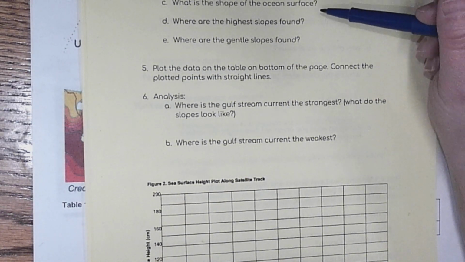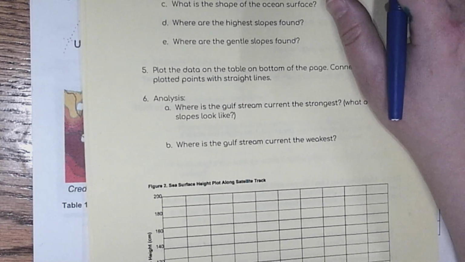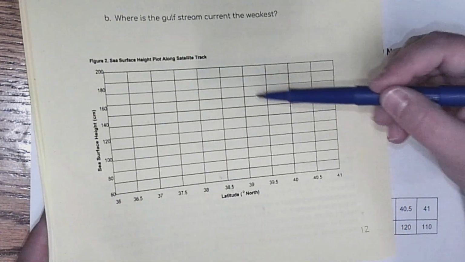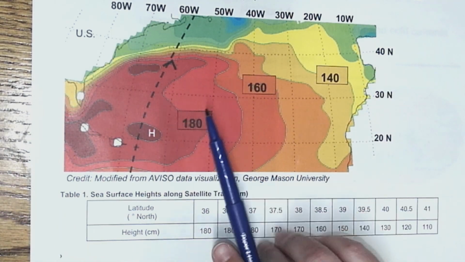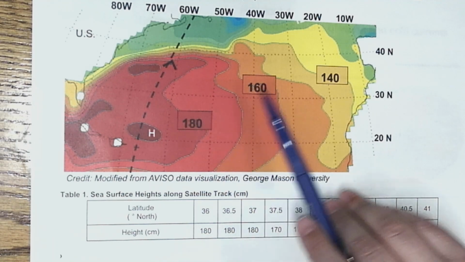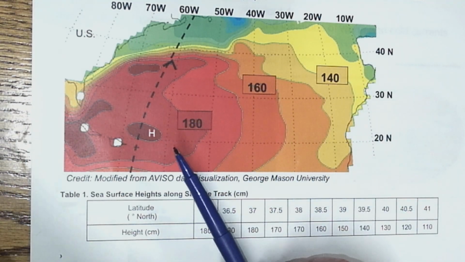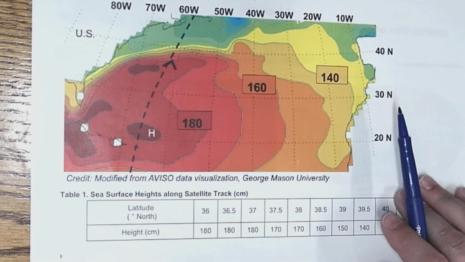What is the shape of the ocean surface? And this one will become more obvious once you do this graphing part, but you can kind of tell just by like looking at this. Like this is a very gradual slope, so very gradual hills and valleys basically. Okay, and where are the highest slopes found?